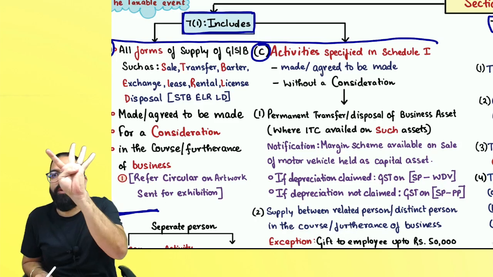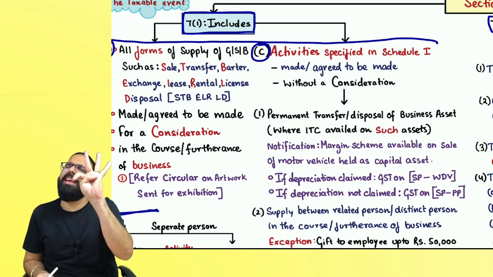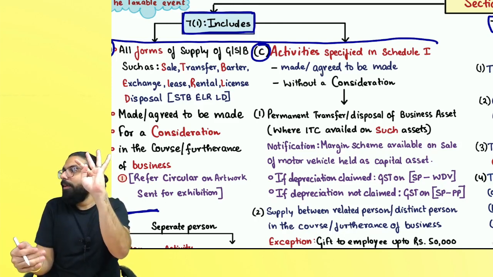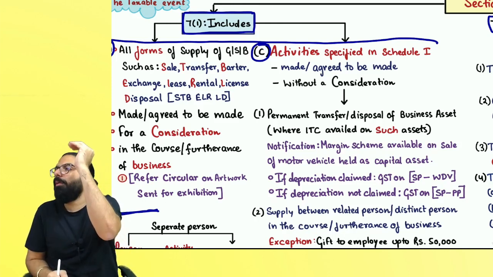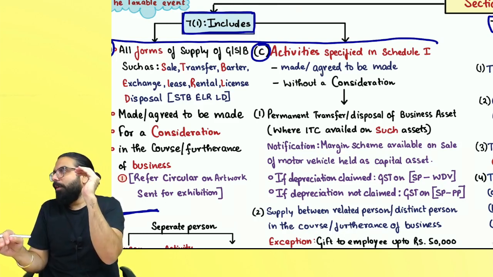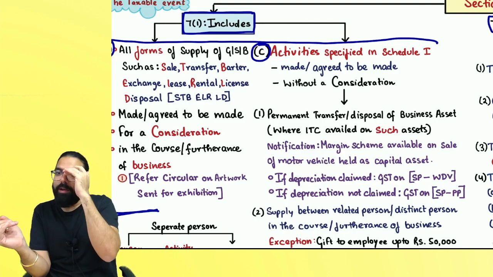if your activity falls in any one of these, section 7.1A, sir, why did they write AA? They could have written B only, no? When anything is inserted in between later, actually the law was section 7.1A, B, C. In between they inserted AA now. That is why it is AA. Can I go ahead, everyone?